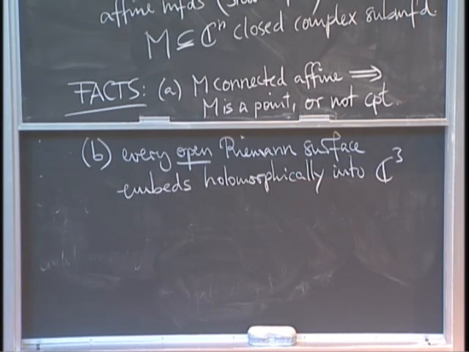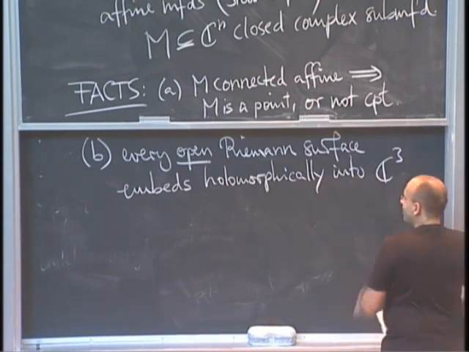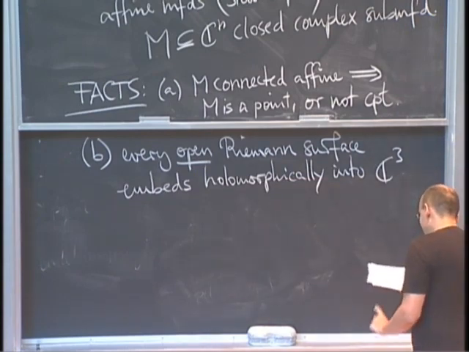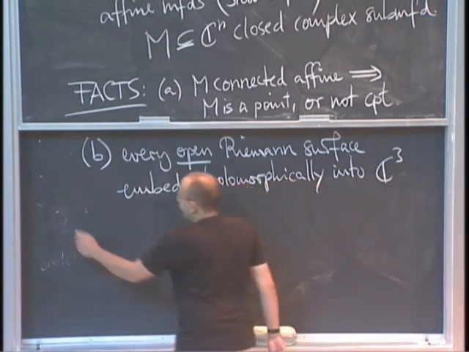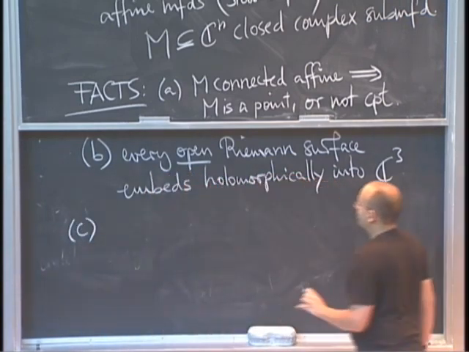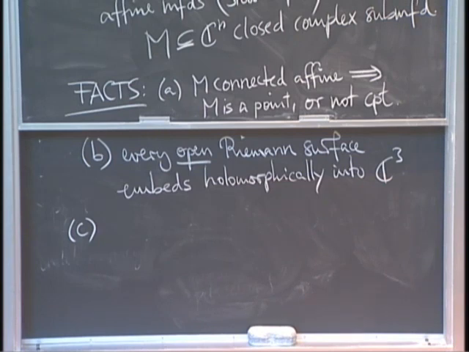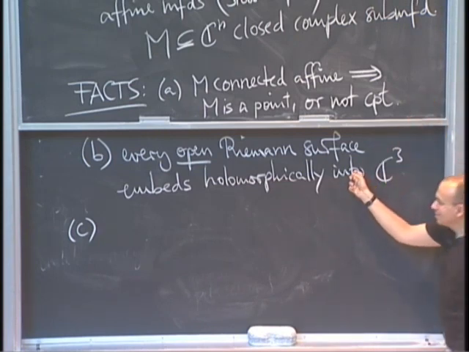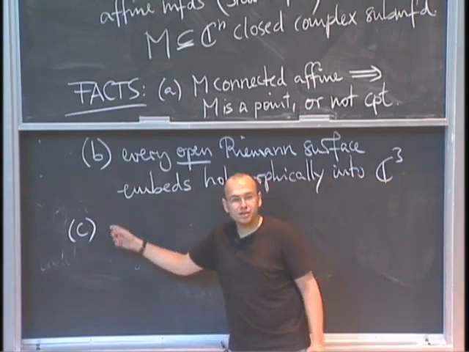And that's a little bit like the Whitney embedding theorem, because 3 is 2 times 1 plus 1. These results are extremely, well, the first one is easy, that's a homework problem. This one is a difficult theorem, and the next is going to be difficult as well.